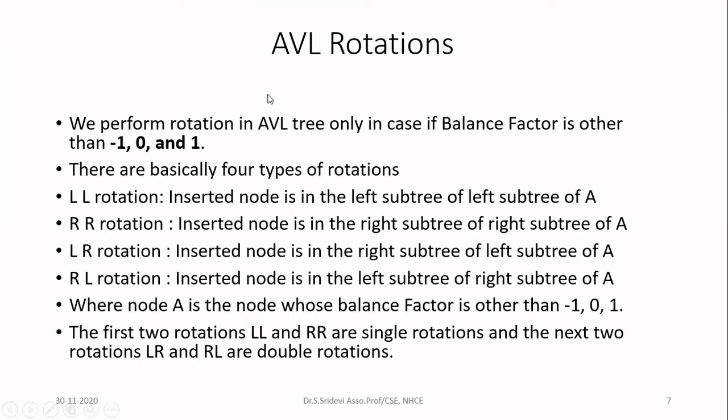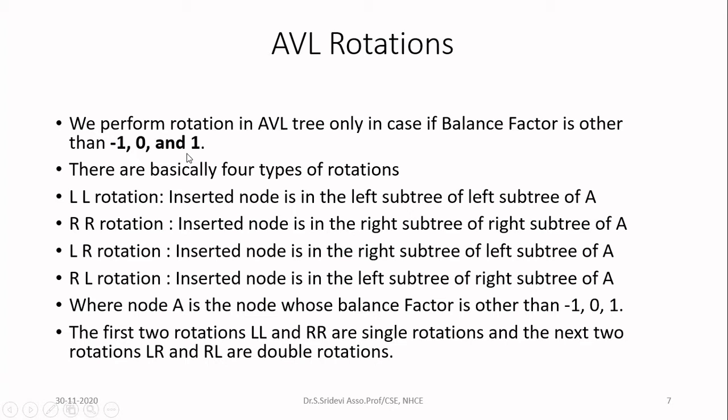Now, if my balance factor is not in these 3 values, what am I supposed to do? I have to go for something called AVL rotations. So we will perform rotation only if the balance factor is other than -1, 0, and 1. If it is within these 3 numbers, your tree is balanced, so don't do anything.